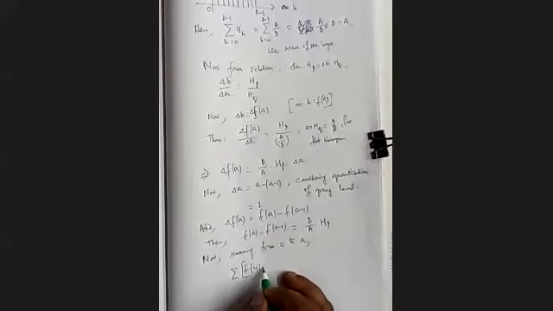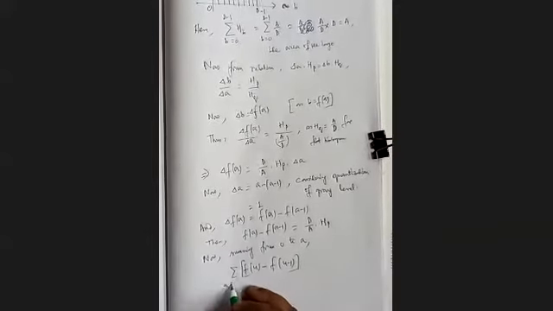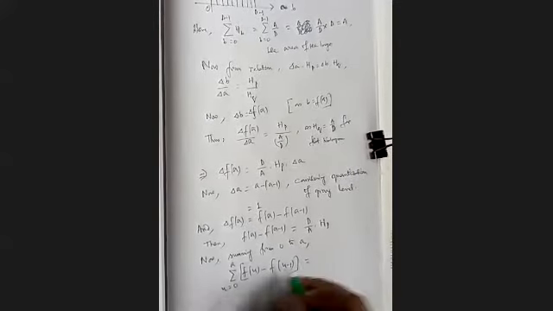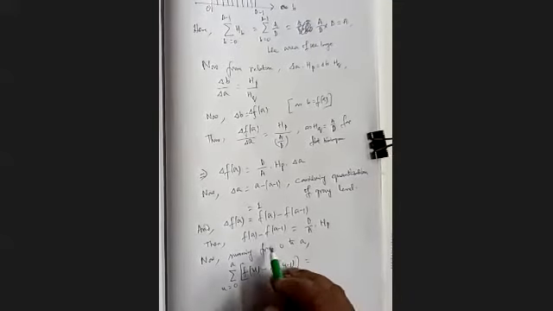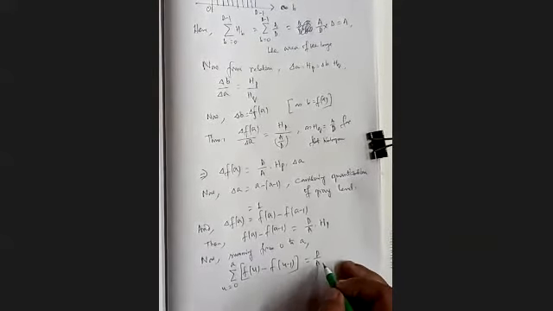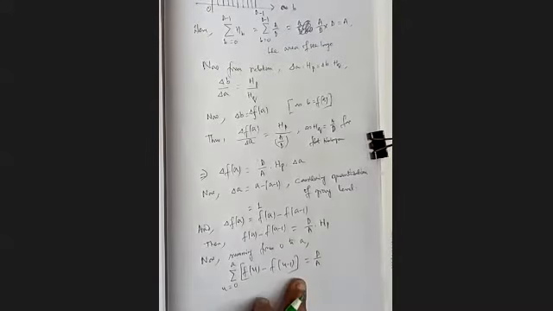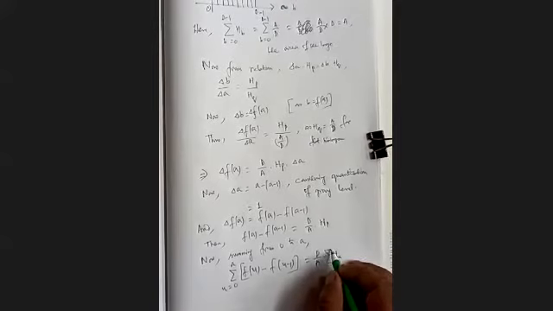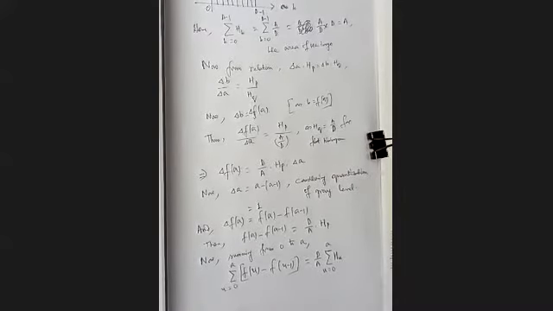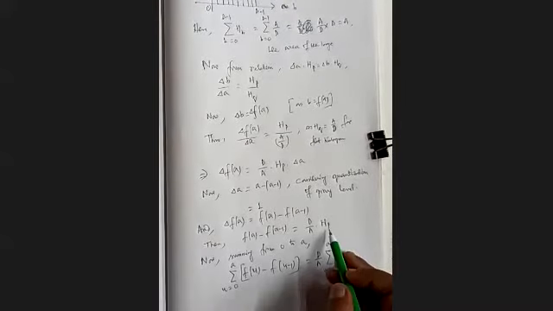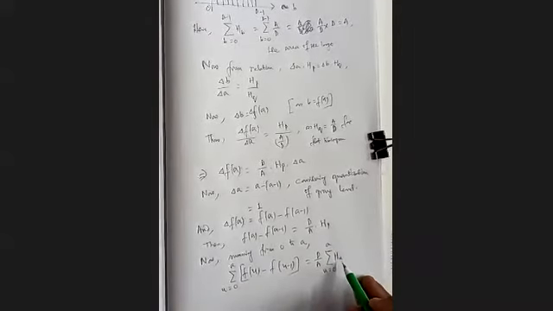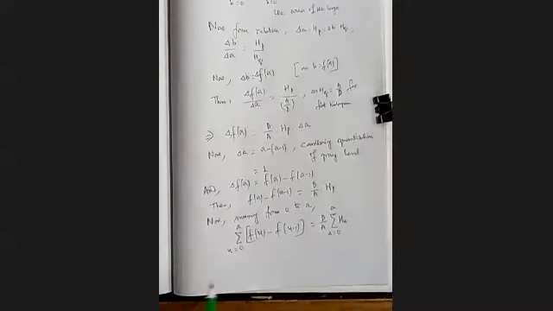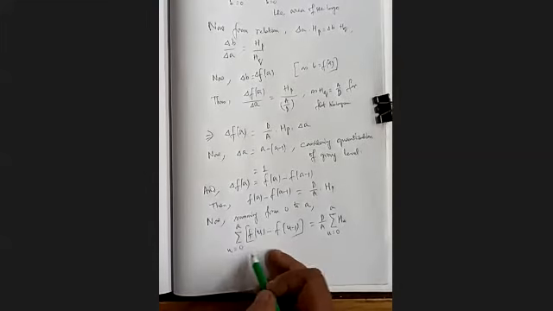Summation of FU minus F of U minus 1, where U varies from 0 to A. D by A is common, so we get summation of HU, U equal to 0 to A. U is just any variable, you can write P also, no problem. So when we add them from 0 to A, what do we get?